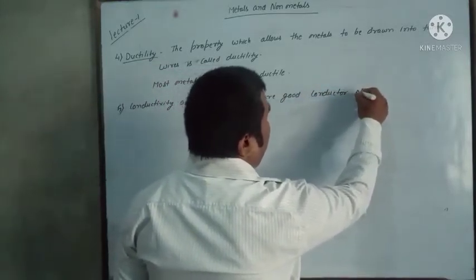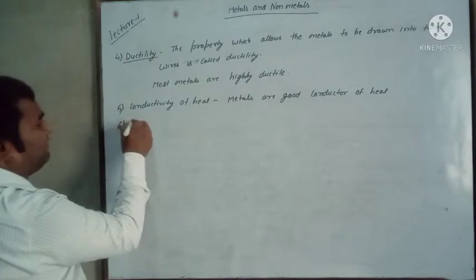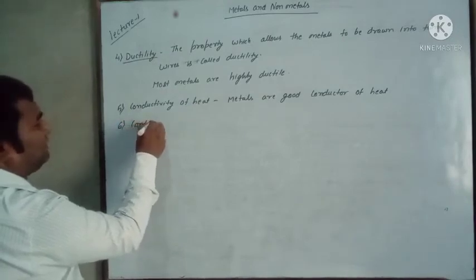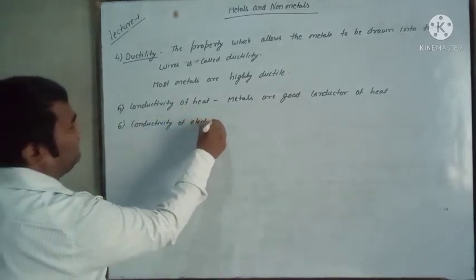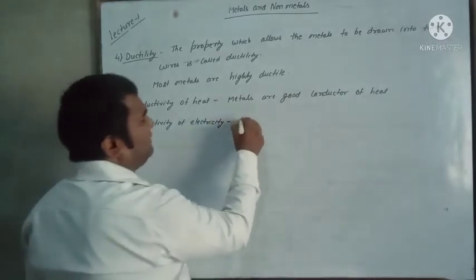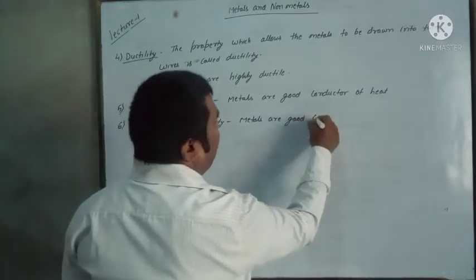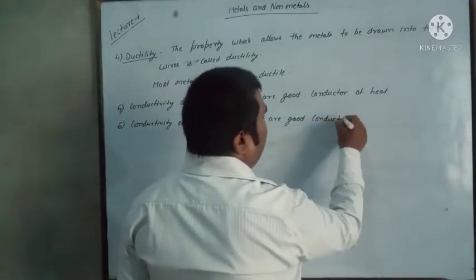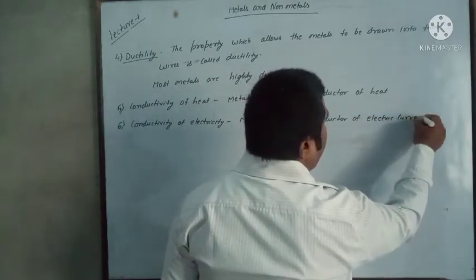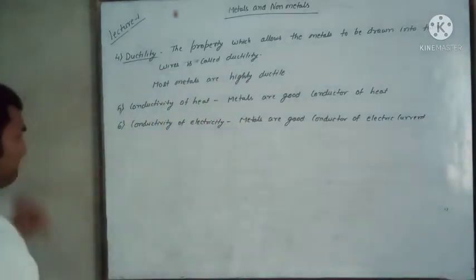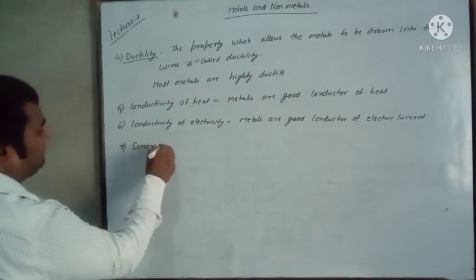Same thing, conductivity of electric current, conductivity of electricity. So we can say metals are good conductors of electric current. Seventh property, sonority.